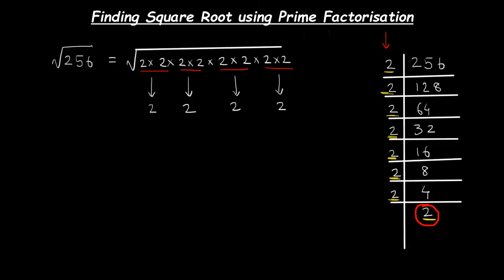So once you pick a number from each pair, you have to multiply them. So this will be 2 multiplied by 2 multiplied by 2 multiplied by 2, which will give you 16. So the square root of 256 is equal to 16. This is your answer.